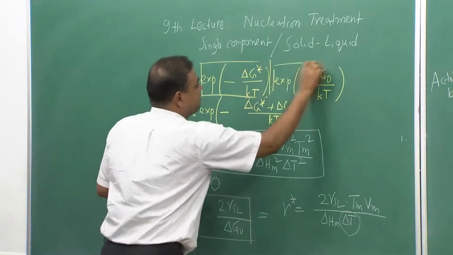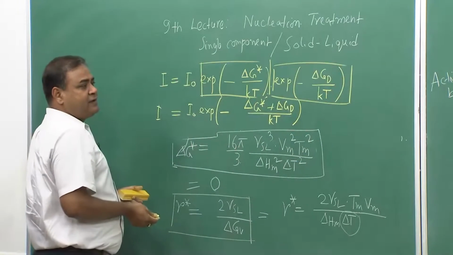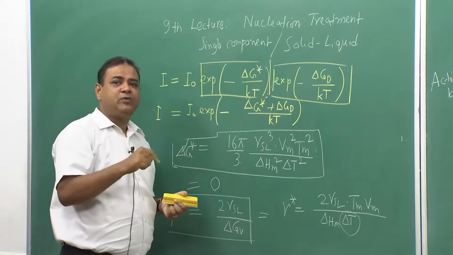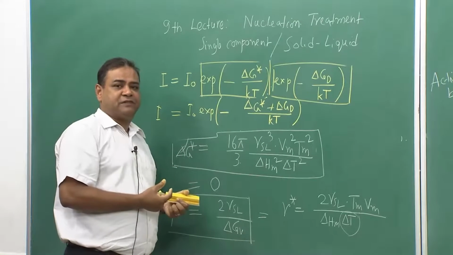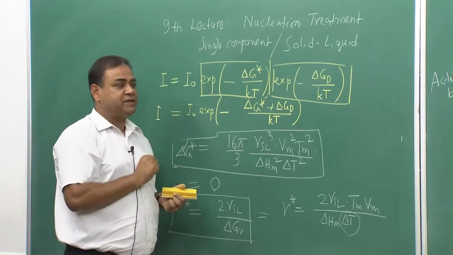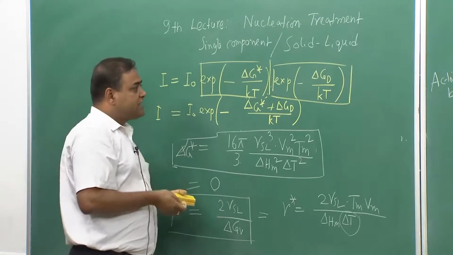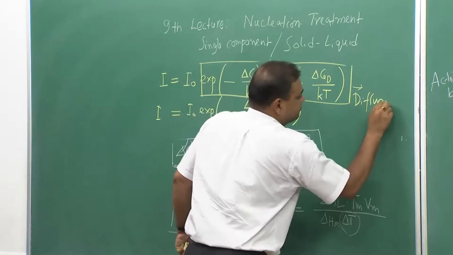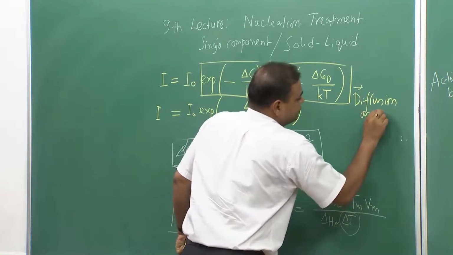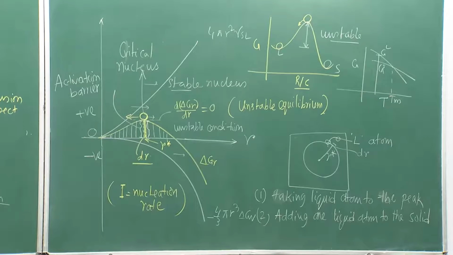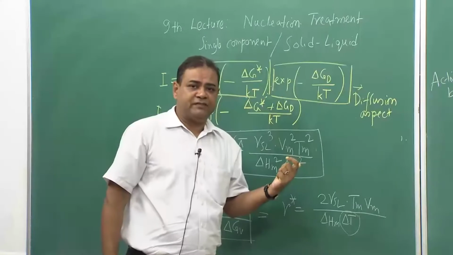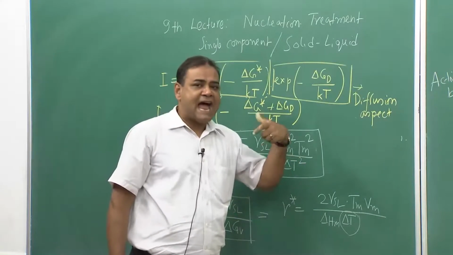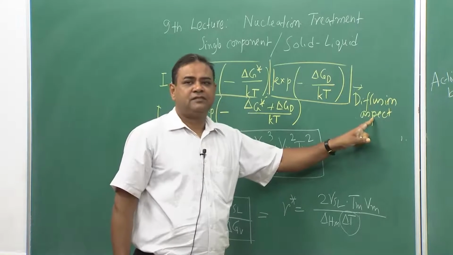And the second part is coming from addition of one liquid atom to the solid surface once it reaches the top of that particular peak. Okay. So, that means this is coming from the diffusion aspect. The liquid atom has to diffuse through the liquid phase, and it should get added to the surface of the solid.